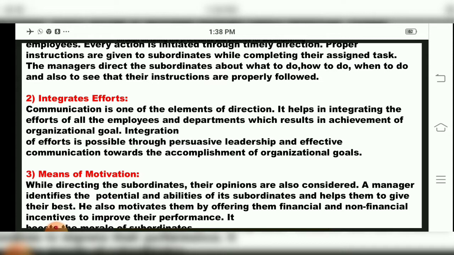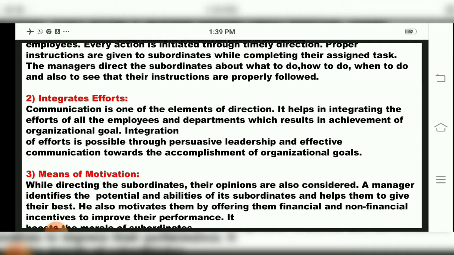See, now the third important point over here in directing is what? Means of motivation. Now here, as I told you, the manager will immediately call the meeting. Then in the meeting, he will know which employee is capable and which employee has the most potential to do this production in less time. That employee will be selected by the manager. Then he will motivate and guide them: do this, you will improve your performance also, and management will appreciate you.